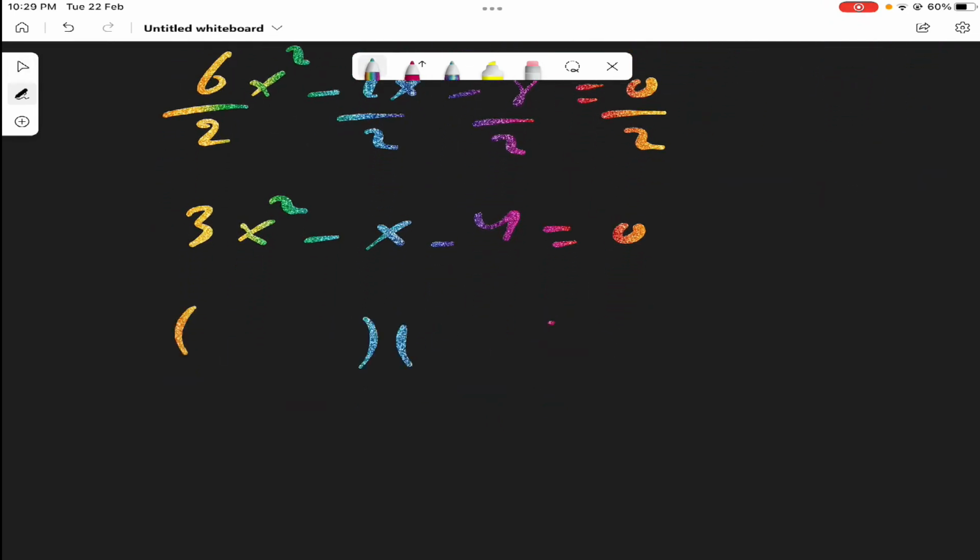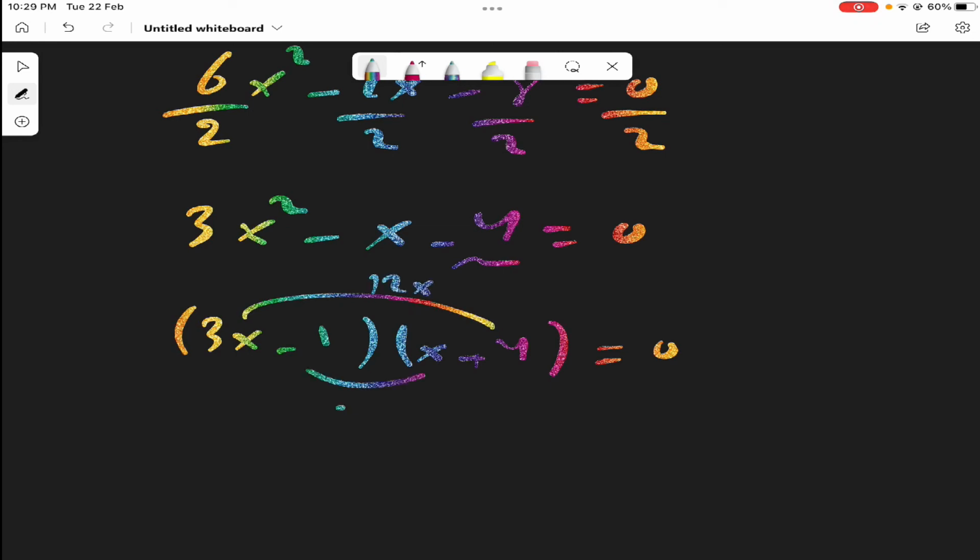Open 2 brackets. I think of 3x times x and negative 1 and 4. Let me see. 3x times 4 is 12x. Negative 1 times x is negative 1x. If you add 12x minus 1x, 11x.